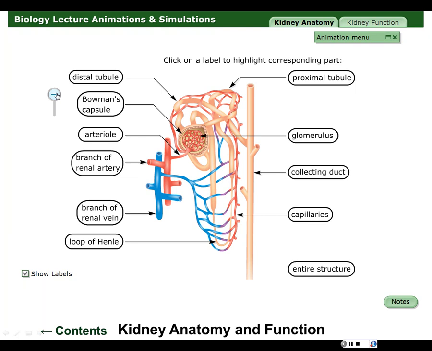Artery, arteriole, capillary, venule, vein. That's normal. But in the kidney, the vascularity of the nephron is slightly modified. So there's not one capillary bed, but how many?